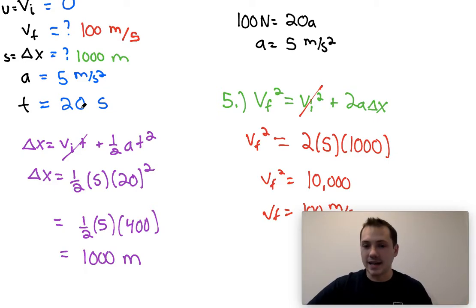Probably not going to happen, even if you're Usain Bolt. I'm pretty sure he runs the 100-meter in about 9 point something seconds. I'd have to check the exact time. But to run 100 meters in 9 seconds and running 1,000 meters in 20 seconds, it's probably not going to happen. And V final definitely isn't going to happen.